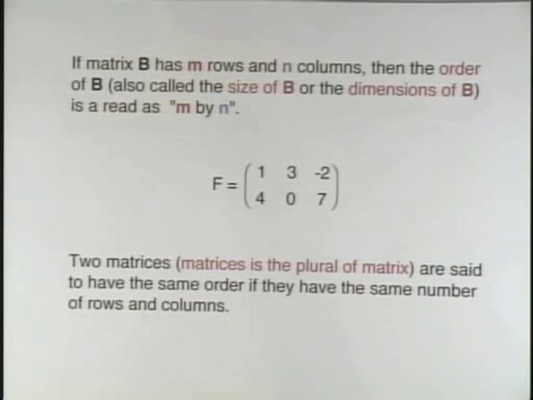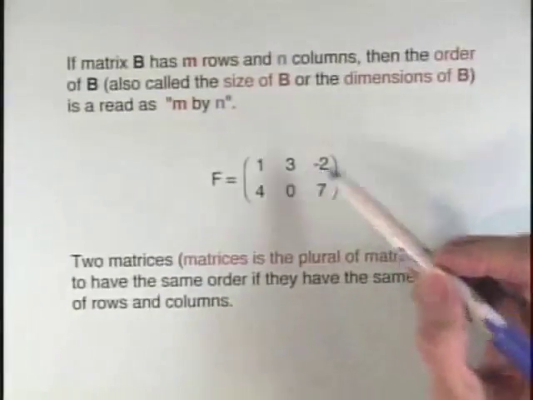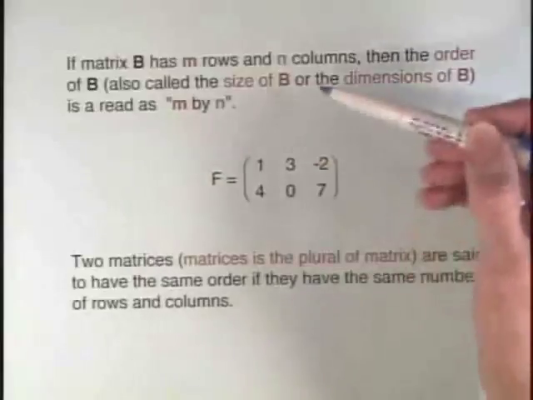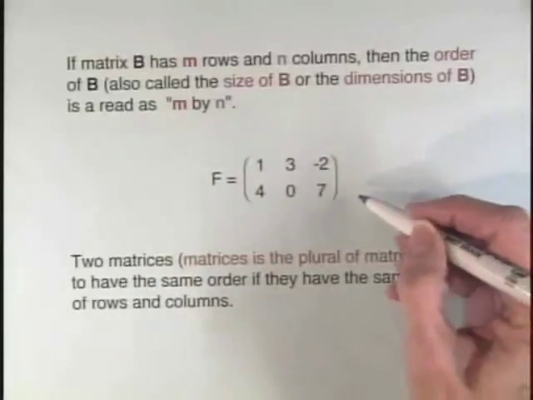If matrix B has m rows and n columns, then the order of B, also called the size of B or the dimensions of B, is read as m by n. Therefore, matrix F is a 2-row, 3-column matrix, so it is 2 by 3.